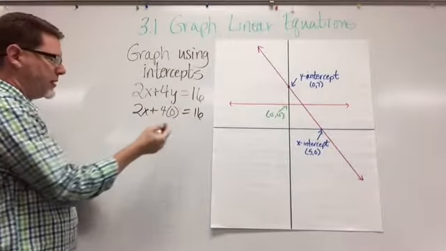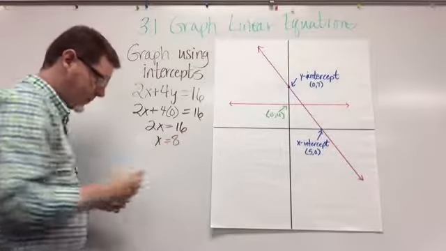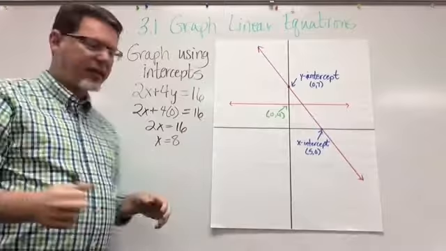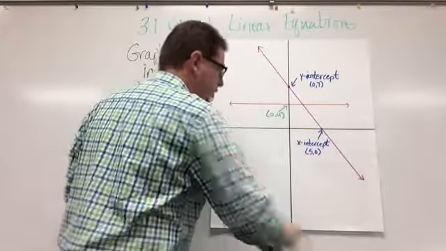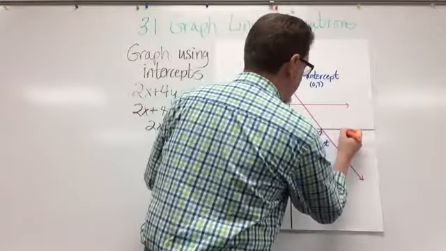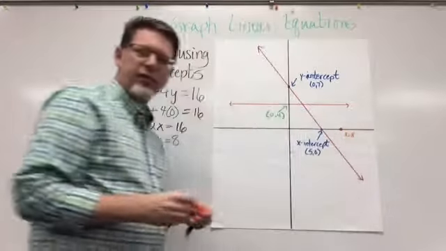We know that 4 times 0 is 0, so I've got 2x equals 16, so x equals 8. Okay? So in this case, x equals 8. That's my x-intercept is 8. So I'm going to go across to the x-axis, and I'm going to put a point right there because x equals 8 is my x-intercept.